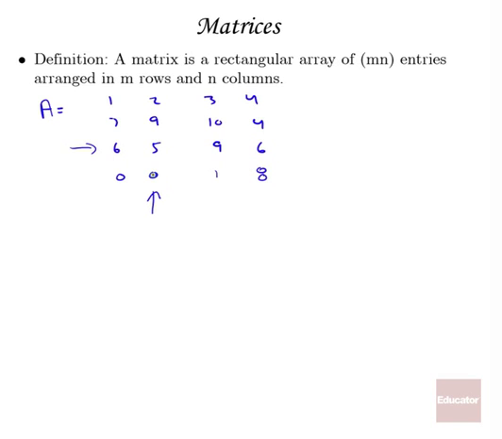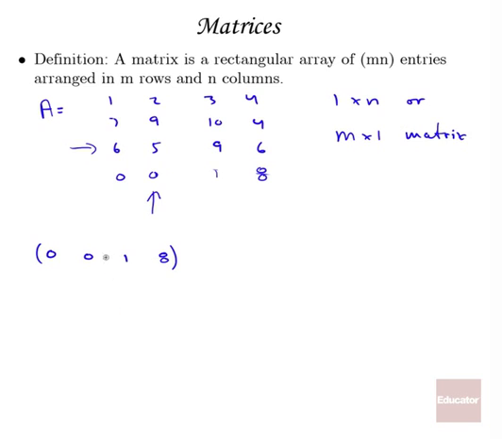A 1 by n matrix or an m by 1 matrix. These are just single columns or single rows. You can arrange them any way you like. So a 1 by n would be something like this. If I took, let's say, the 4th row, I would have 0, 0, 1, 8.